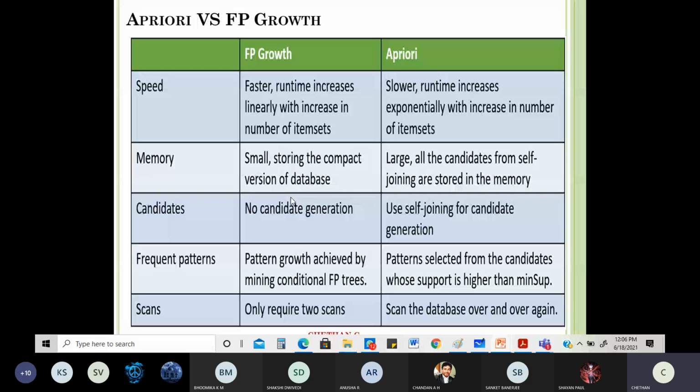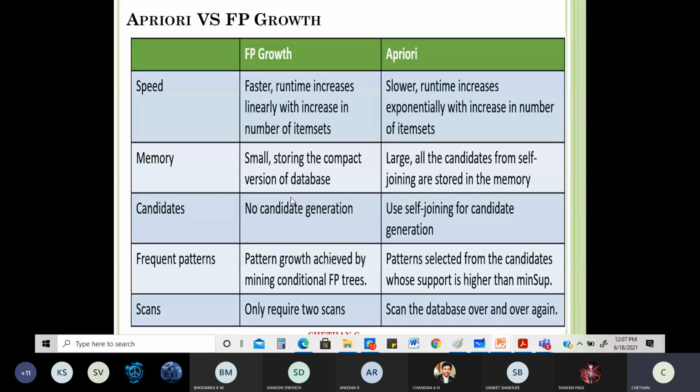Apriori is slower because there is multiple scanning of the database. Runtime with increase in number of item sets: for FP growth it increases linearly, directly proportional. Here, for Apriori, the runtime increases exponentially. Be careful with the words: exponentially with the increase in number of item sets.